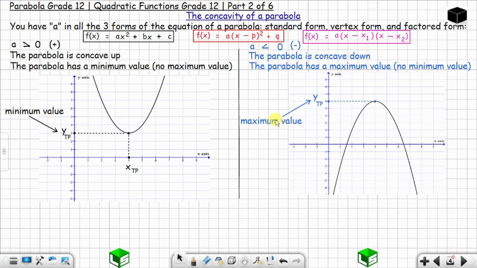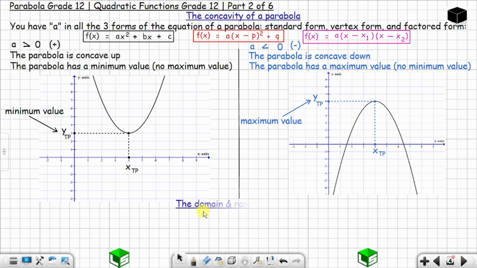And this turning point, remember, also has an x coordinate. It is there on the x-axis. So this is the x coordinate of the turning point. This is your turning point. Okay, this is not complicated. It is going to make sense as we move on, as we solve problems.